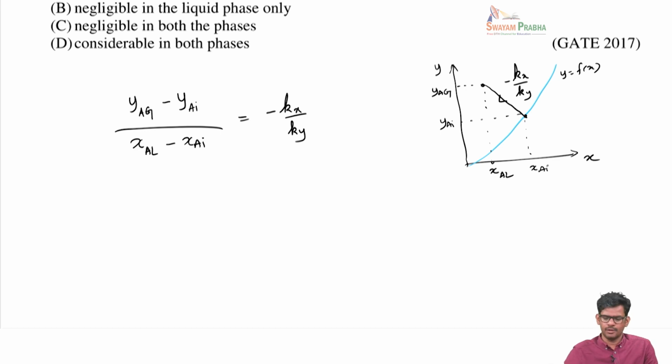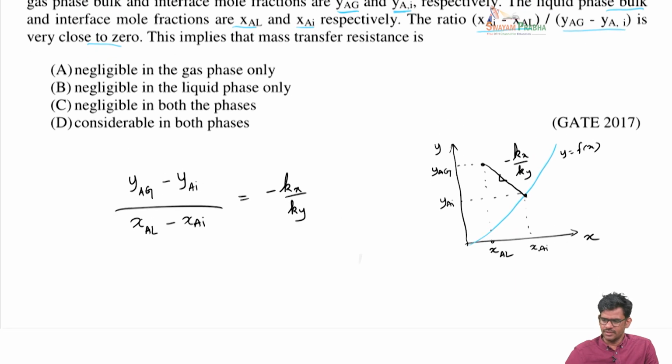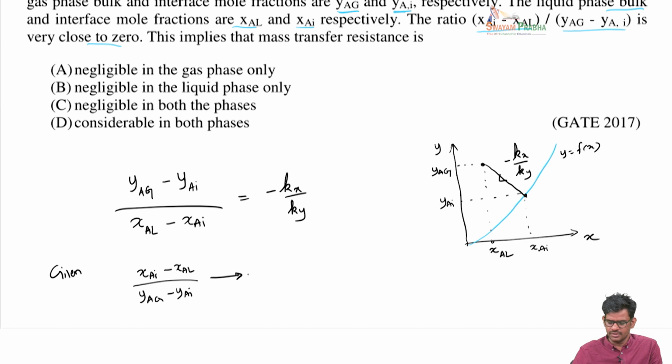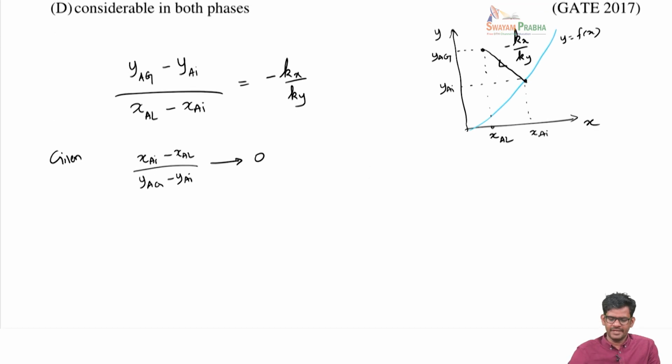Now, what is given? The given expression is XAI minus XAL over YAG minus YAI. This ratio is close to 0. So maybe what we could do is take the equation of this driving force line and write it in this format and see what it means when this ratio goes to 0 in terms of mass transfer coefficients.